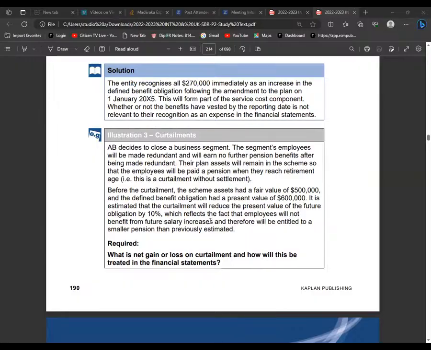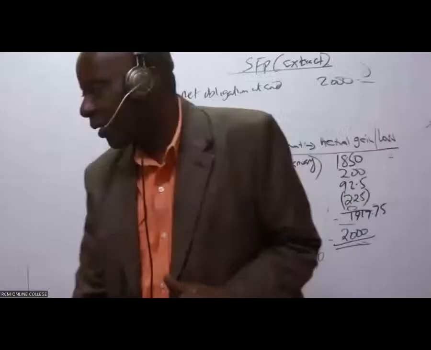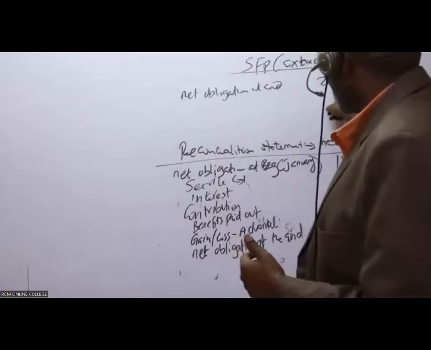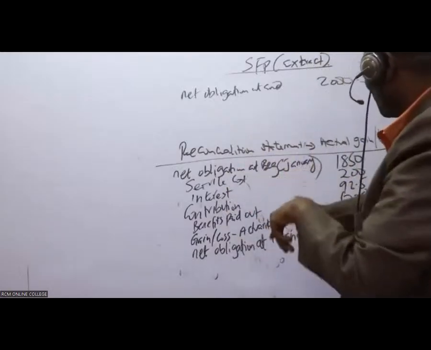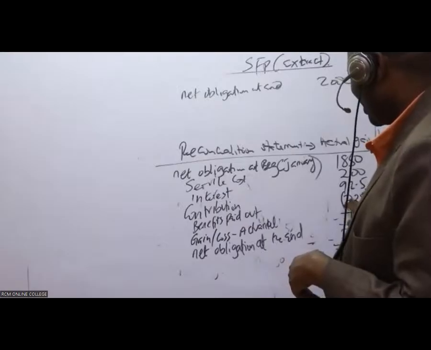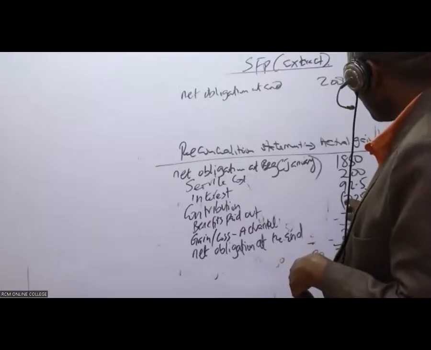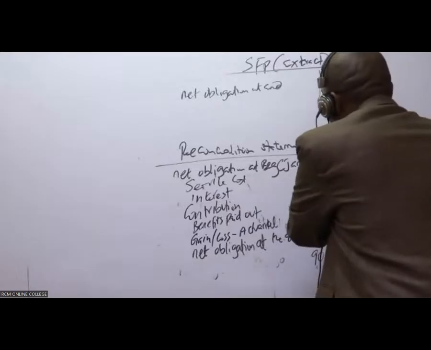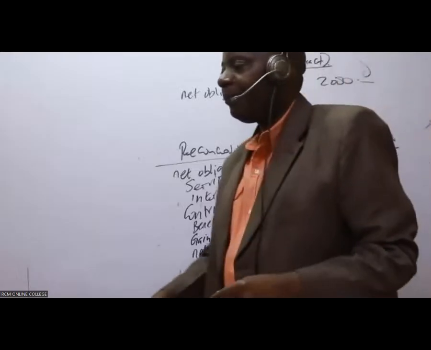Because the obligation is given at the end, it has already been adjusted. If I just explain here, you see this figure here, I can't come and subtract the contribution, because already, to get this, we had subtracted.